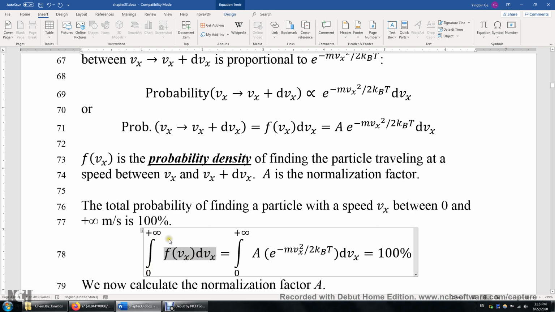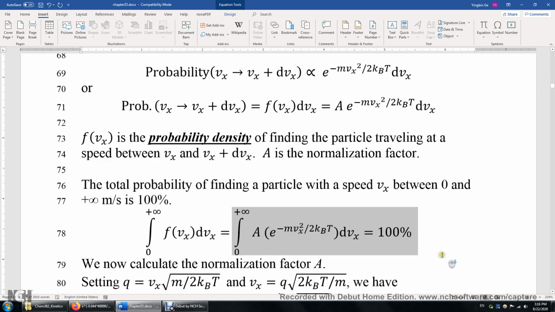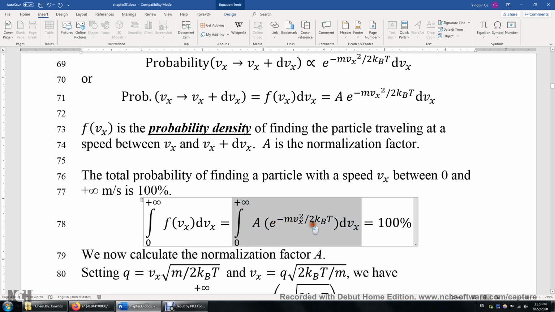If we integrate this from 0 to infinity, it has to be 100%. So that's why we have this equation. Again, over here, this is the probability of finding the particle moving at a speed between 0 and infinity in the x direction. It has to be 100%.